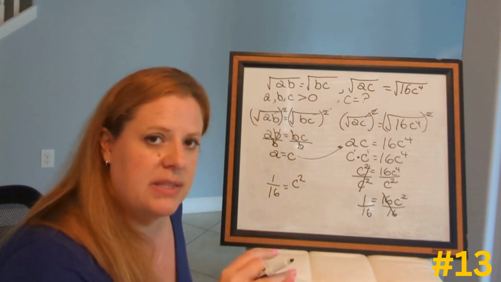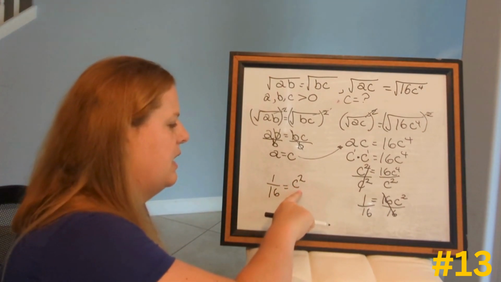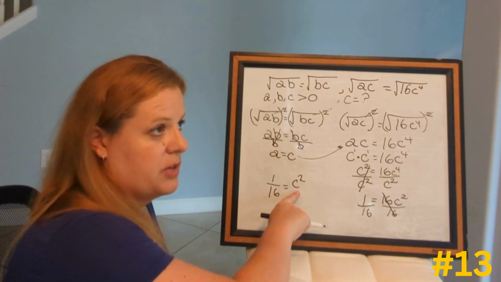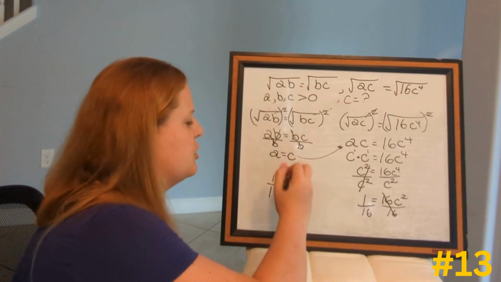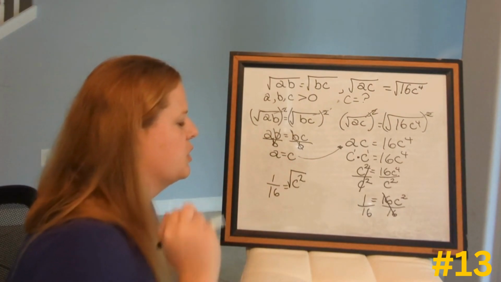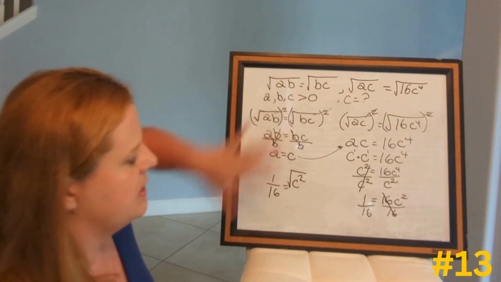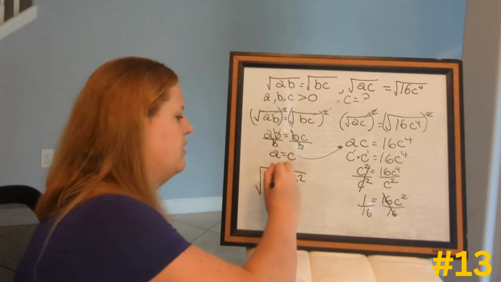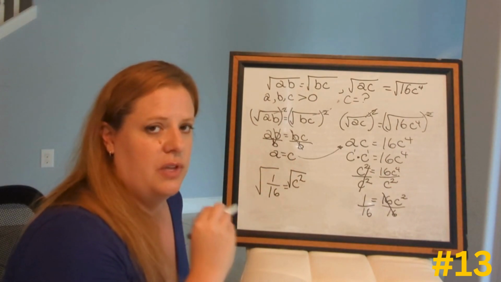Now remembering back to algebra, we can take the square root of both sides. I want c squared by itself. I want c by itself. So to get rid of the square, we take the square root. Kind of the opposite process we used up top. What you do to one side, you have to do to the other side.